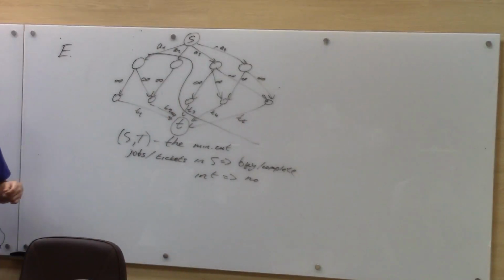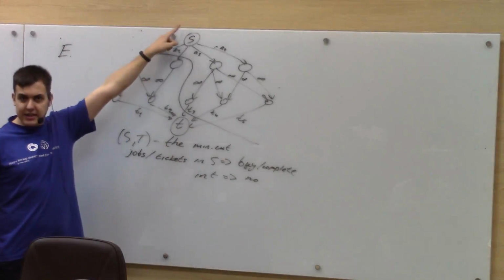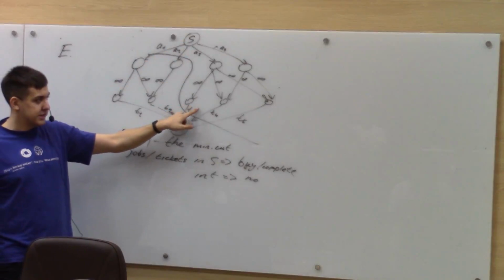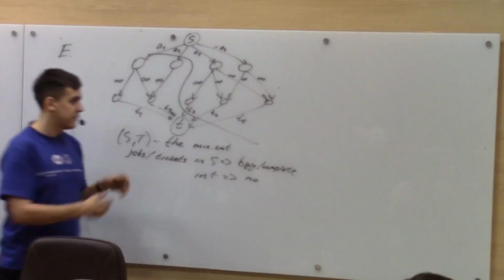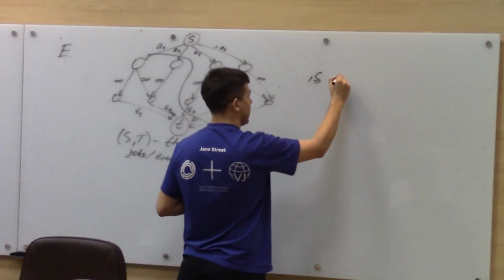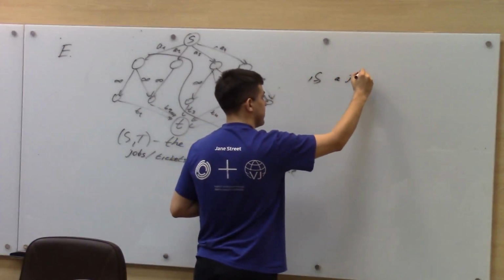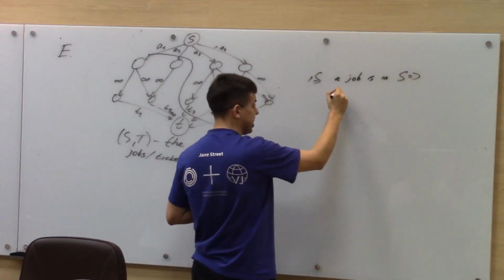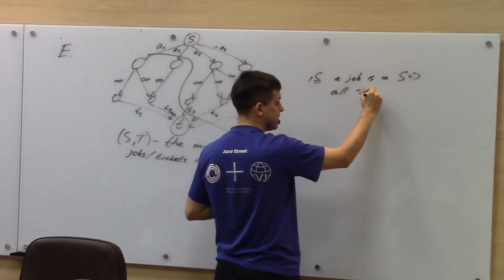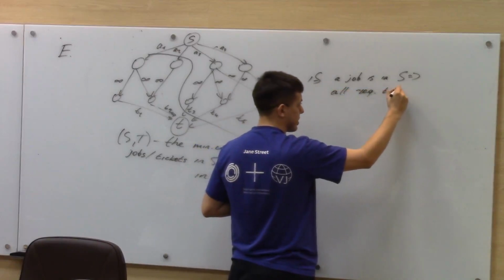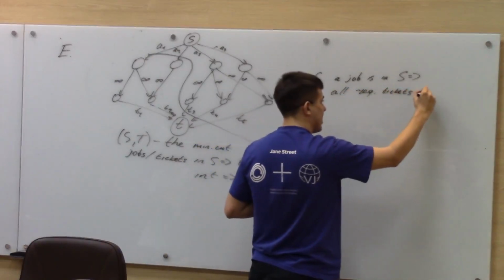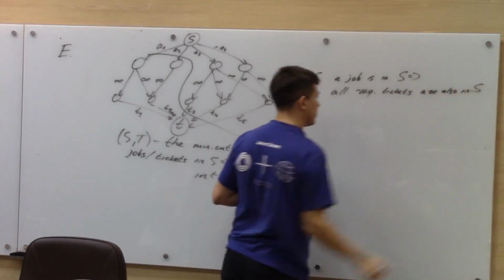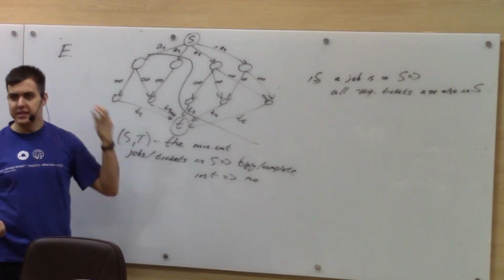Well, let's see. So if we include a job in S, this means that all the corresponding tickets are also in S. If a job is in S, this means that all required tickets are also in S. Well, why? Because there is an infinite edge, right?